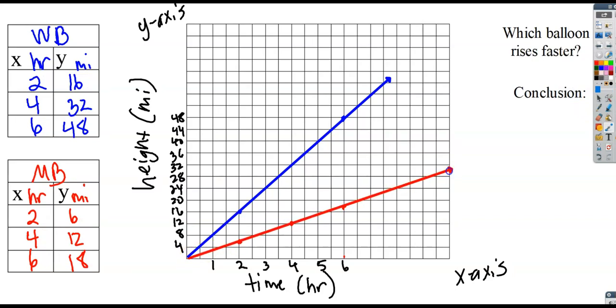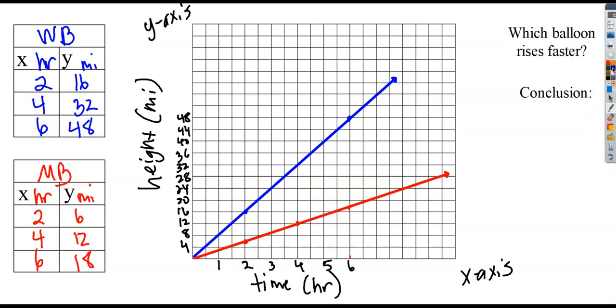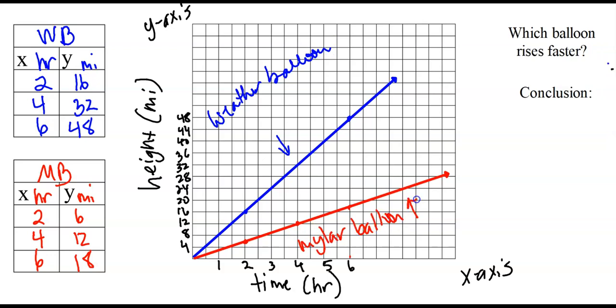And now you can really see the difference, right, of how much faster the weather balloon is, right? So this is steeper. This is the weather balloon. And the bottom line represents the Mylar balloon. Okay, and what's our conclusion?